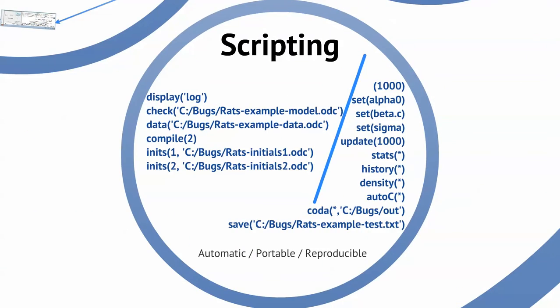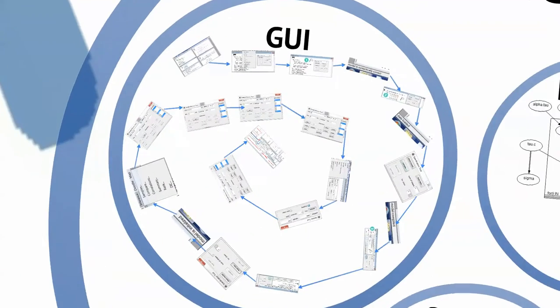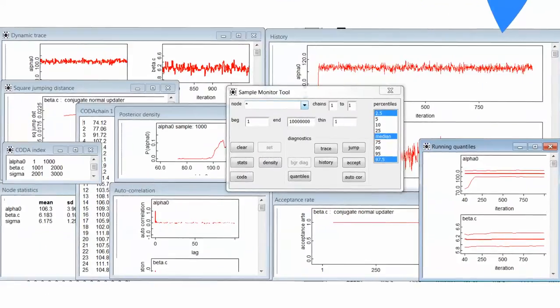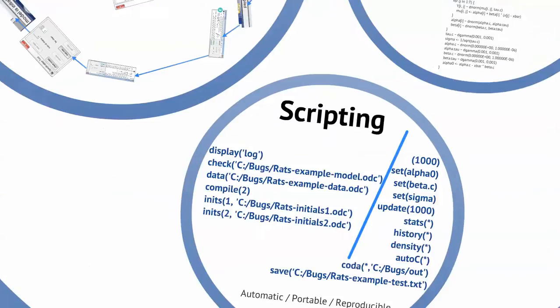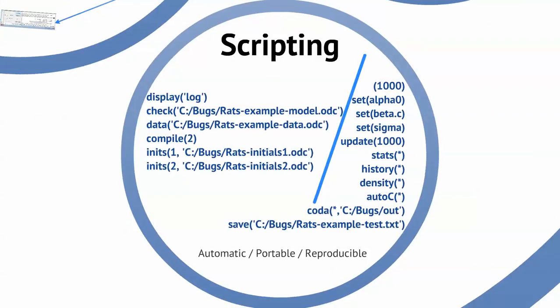You can simply write all this scripting and you can run the models, and you will get the same values that you got here. All the plots, all the statistics, you will get all of them at the same time. You do not have to wait. And the advantage of this is that this is automatic and portable and obviously reproducible.